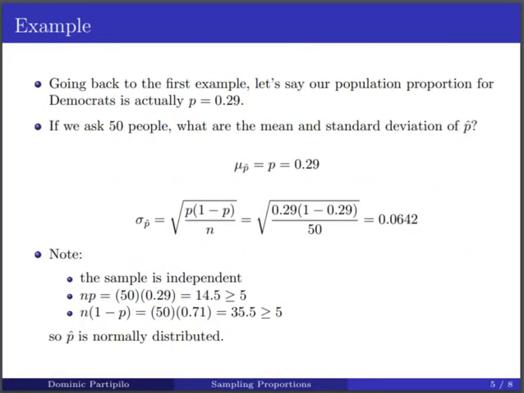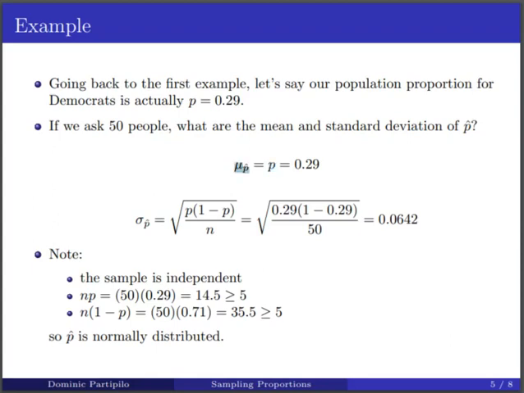So going back to the first example, let's say our population proportion for Democrats is actually 0.29. So if we ask 50 people, what are the mean and the standard deviation going to be of p hat, the sample proportion? Now remember, the mean of the sample proportion is just going to be the population proportion.